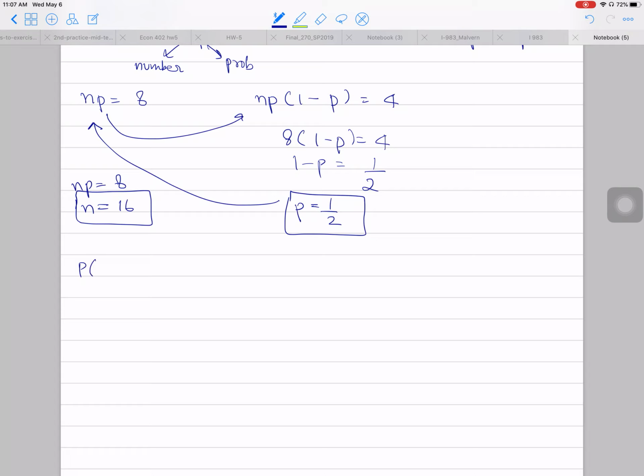And to find the probability that x is less than or equal to 2, we add up three probabilities: the probability that x equals 0, the probability that x equals 1, and the probability that x equals 2.